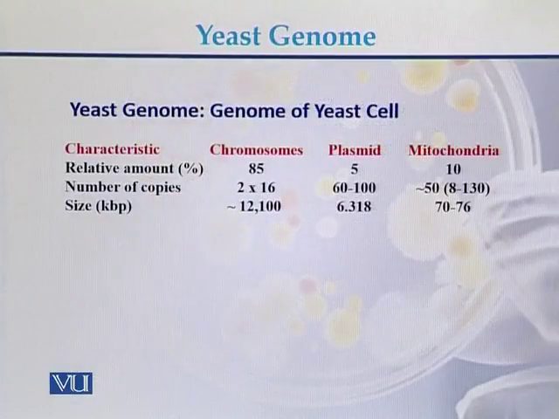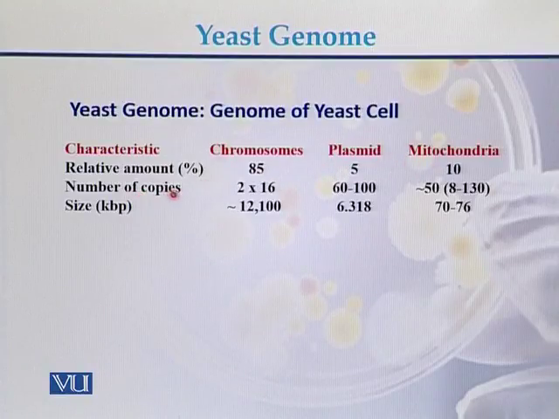If we do the comparison of different characteristics of the yeast genome, we see that the yeast genome consists of chromosomes, plasmid, and mitochondria. The relative amount of chromosomes is 85%, plasmid is 5%, and mitochondria is 10% of the total genome of the yeast, including all three.